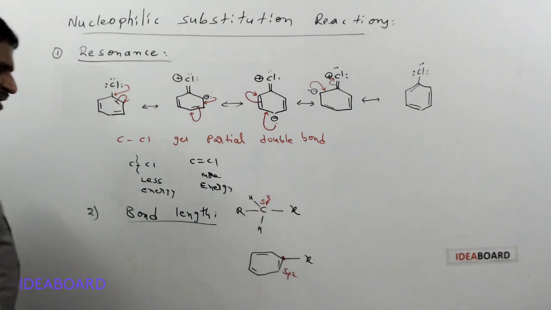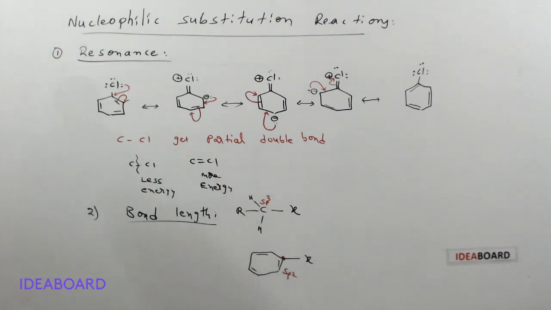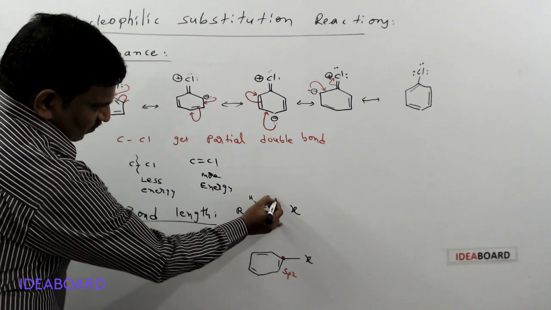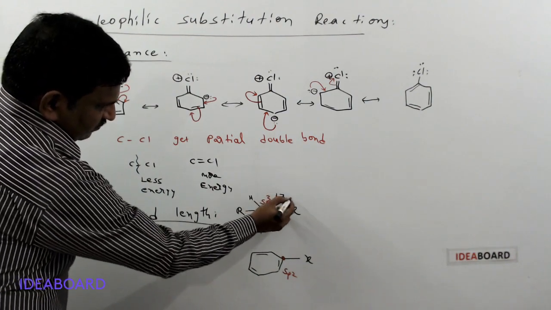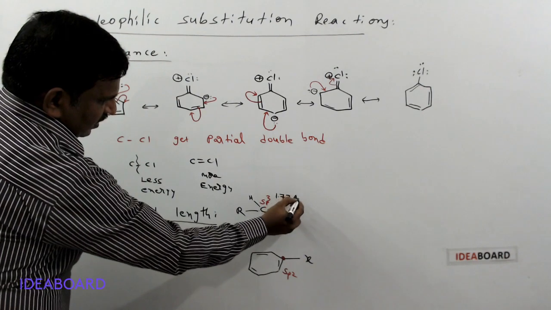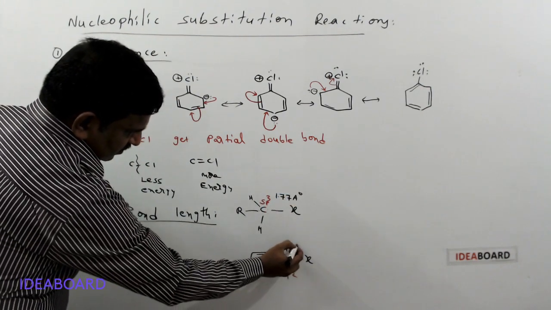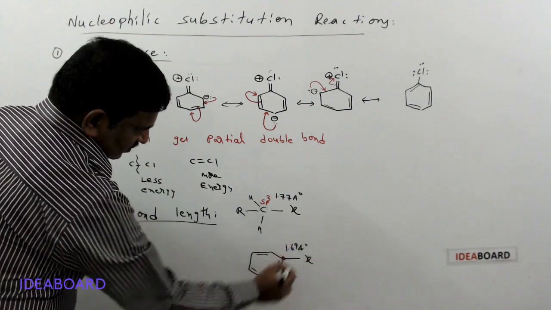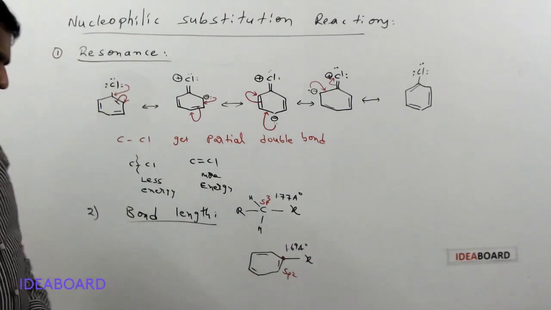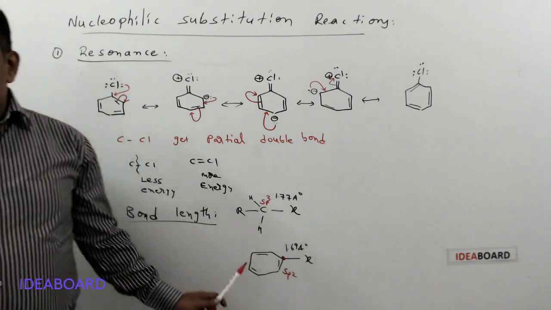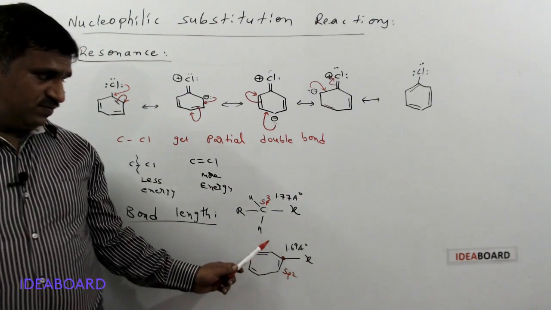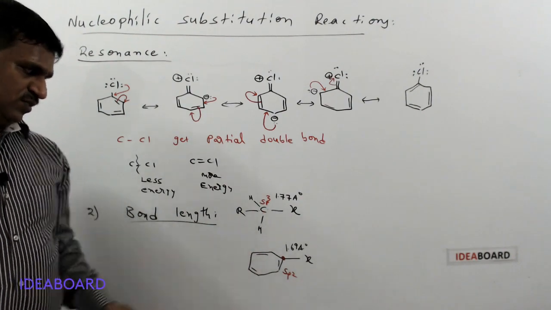So when taking the bond length values of sp3 carbon and sp2 carbon, this one has 1.77 angstrom and this one has 1.69 angstrom. Please see the bond length values of these C-X bonds.